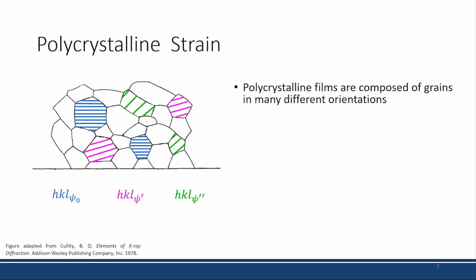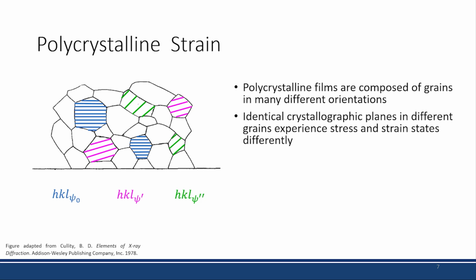Obviously, the example I just showed was more for a single crystal, but most thin films are polycrystalline. And polycrystalline films are composed of grains that have many different orientations, like this one. So all of these blue, green, and pink planes are the same crystallographic planes, but they're turned in different orientations.